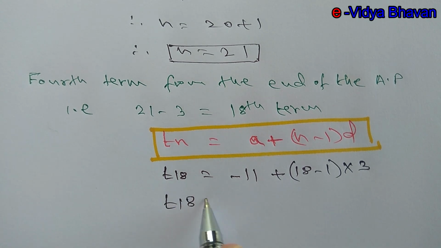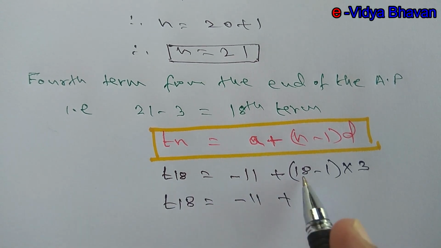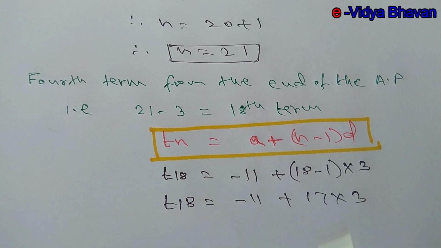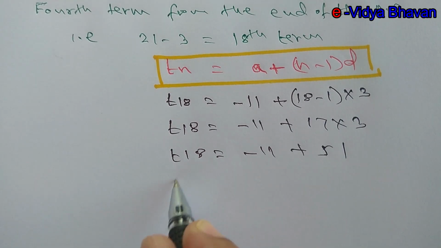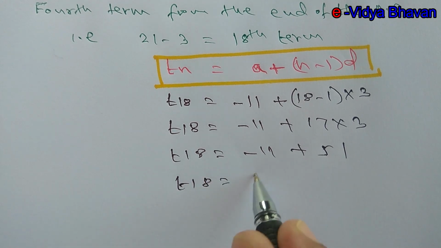So T18 is equal to minus 11 plus 18 minus 1, 17 into 3. So T18, 17 into 3 will be giving 51. And further we can have T18 will be 40.